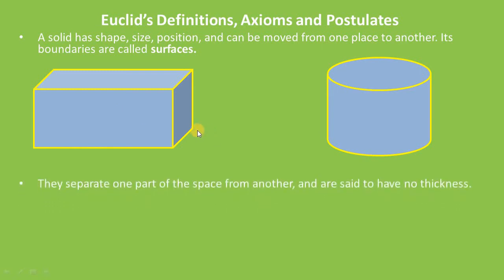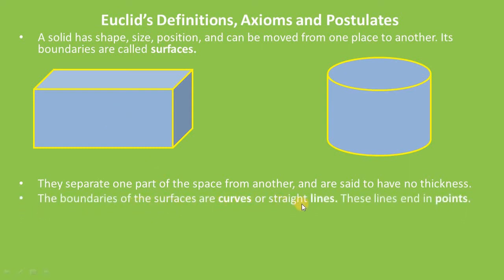These boundaries separate the space from one another and are said to have no thickness. The boundaries of the surfaces are curved or straight lines. These lines end in points.